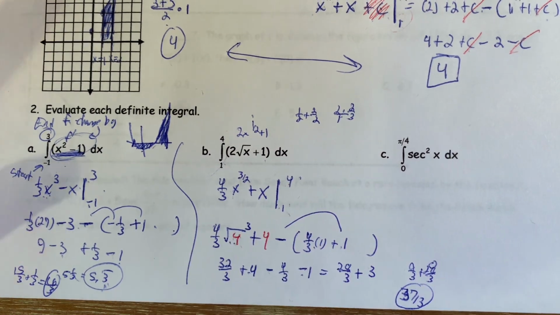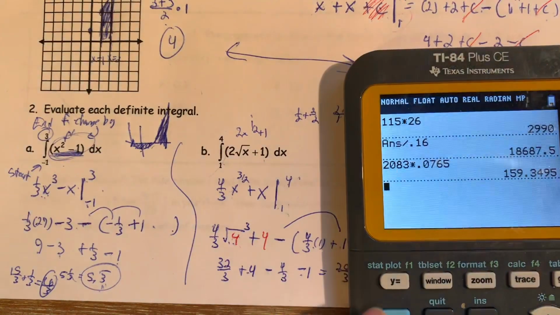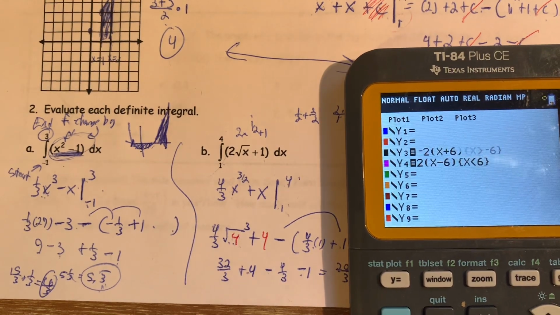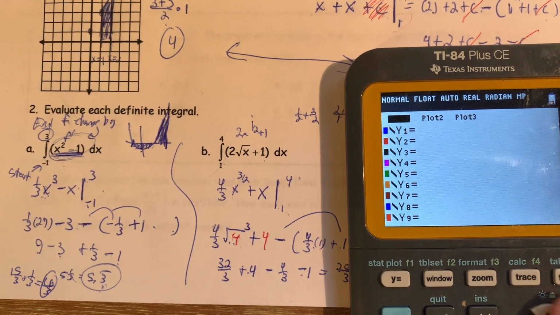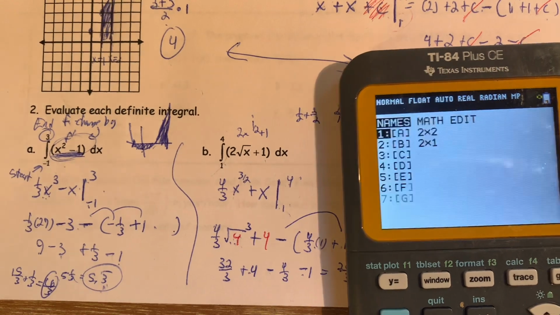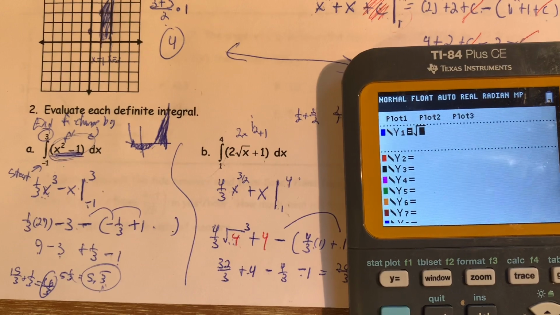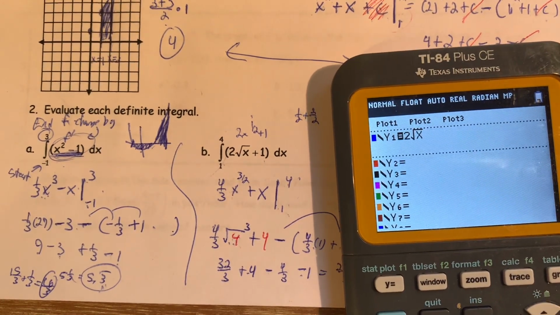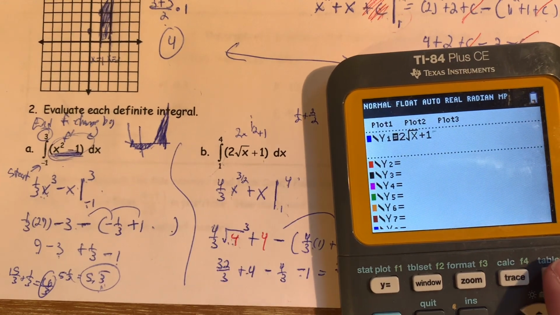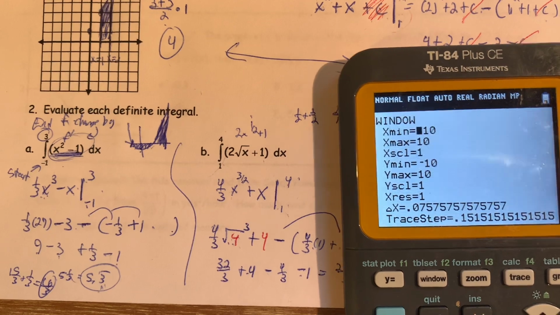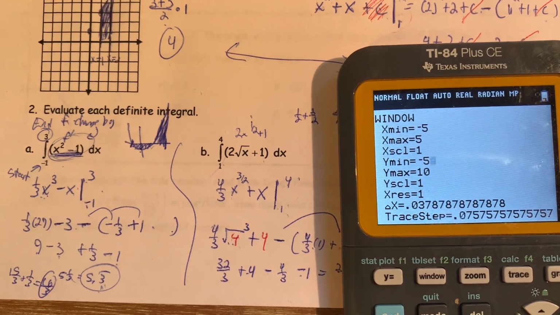Wasn't that neat? Like, here, let's look at this in a calculator real quick. So here is y equals 2 square root of x plus 1. And let's graph it from, this is fine. Let's go -5 to 5, -5 to 5.